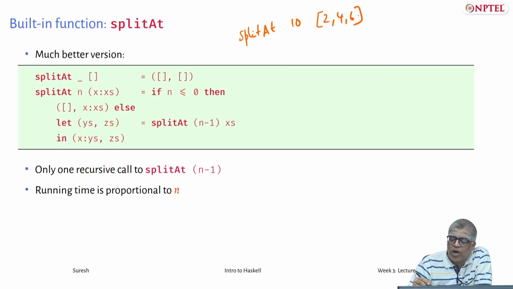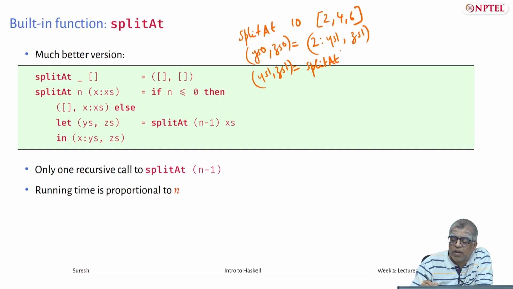So let's call the result of split at, ys0, zs0, is what we want to call it. It is nothing but 2 followed by ys1, zs1, where ys1, zs1 is nothing but split at 9 of 4, 6.